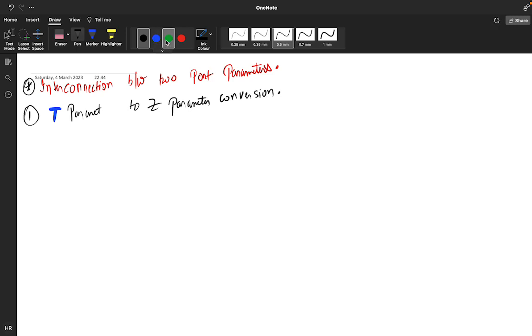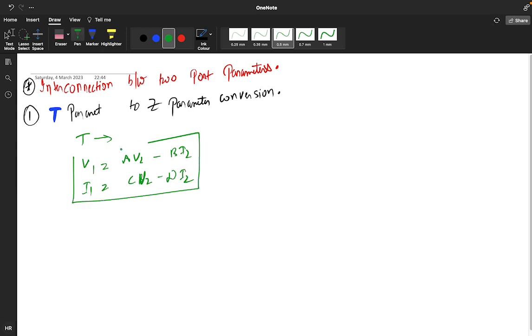Okay, so see, what was the equation of the T parameter, the transmission line parameter? It was V1 and I1 equal to AV2 minus BI2 and CV2 minus DI2. This was the equation of your T parameter. What was the equation of your Z parameter?